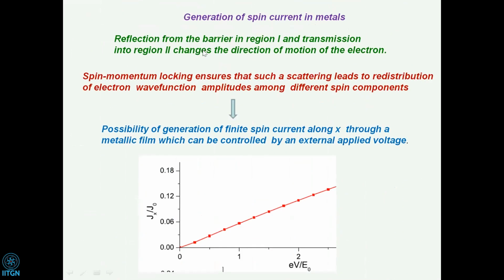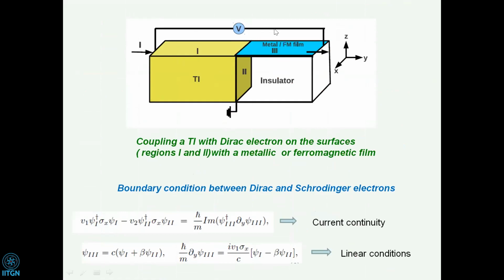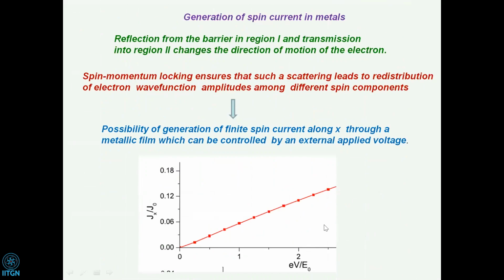Okay. As a result, its spin also gets changed, and therefore this kind of scattering essentially is always spin active. Okay, so it distributes the weight of the electron wave function, electron amplitudes in different spin components. And as a result, what passes in this metallic film essentially carries a spin component with it.